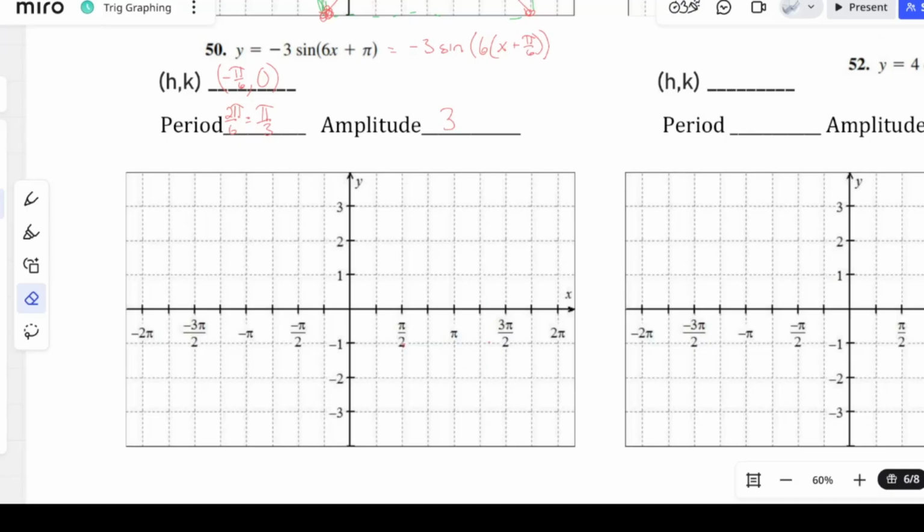This is a tricky part. So I'm choosing the scale. And a couple of things are going to have to be on my x-axis scale. Pi over 6 and pi over 3 both need to be convenient to graph on this. But also my quarter period intervals.